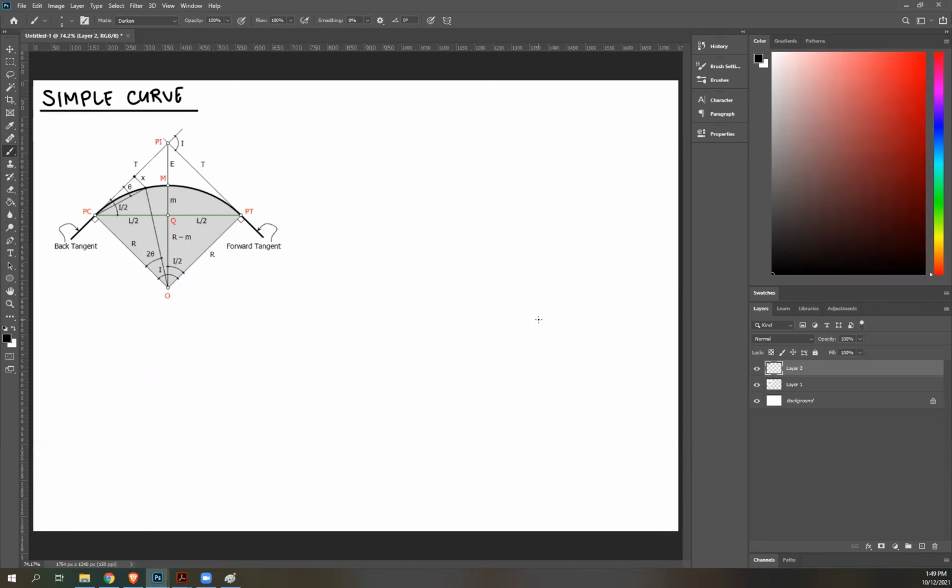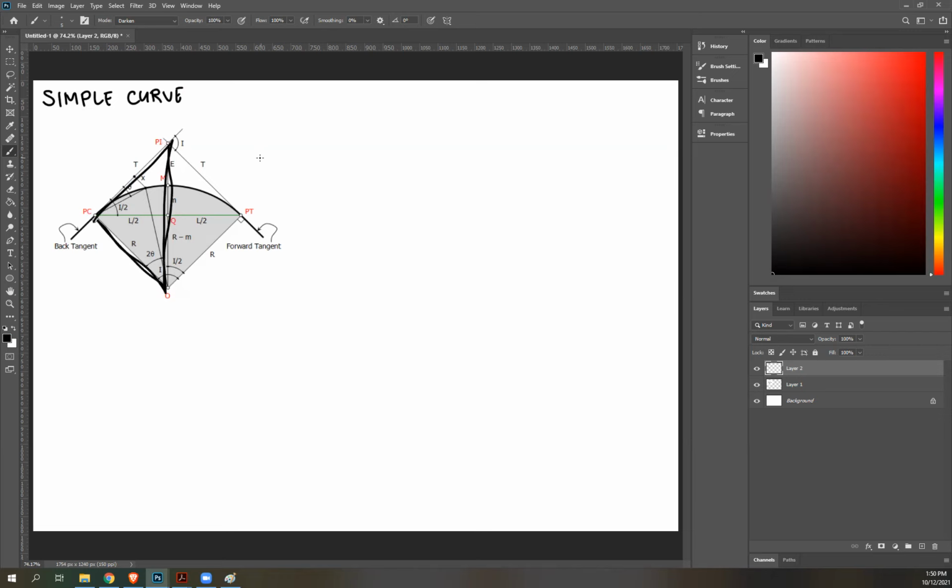So first, let's consider this triangle. Okay, over here. So since these are the radius of your circle, these are tangents to your circle because this simple curve forms an arc of that circle. Remember, radius is perpendicular to the tangents. So as you can see, these form right angles. And then we have this right triangle.